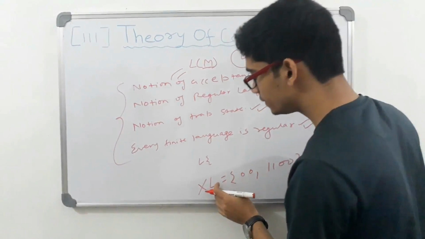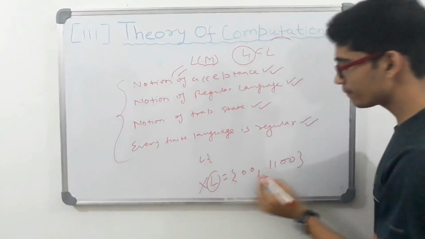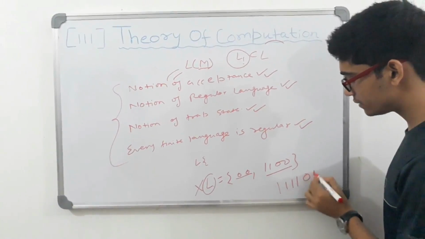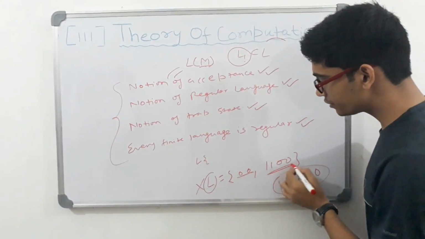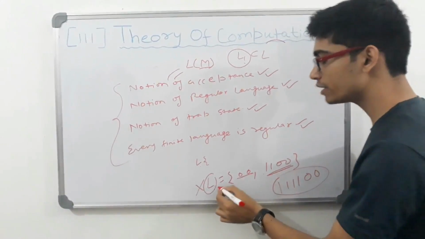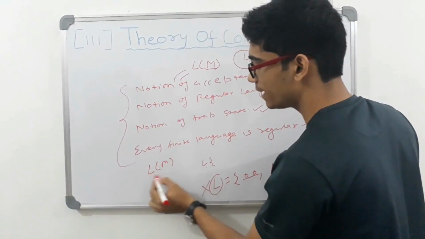Why? Because this is a subset of L, and obviously these two will be accepted, but this will not be rejected. So every element belonging to the language should be accepted, and the elements not belonging to L should be rejected. Only then can we say that L is accepted by M.